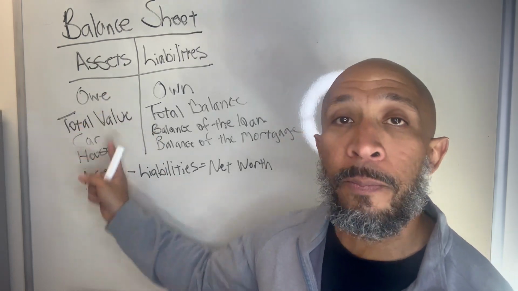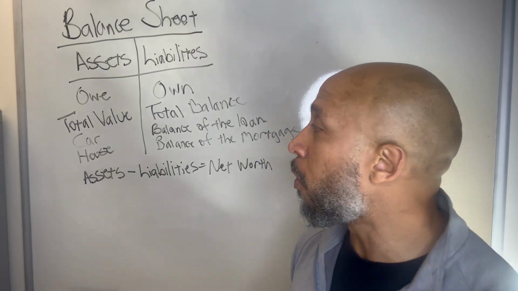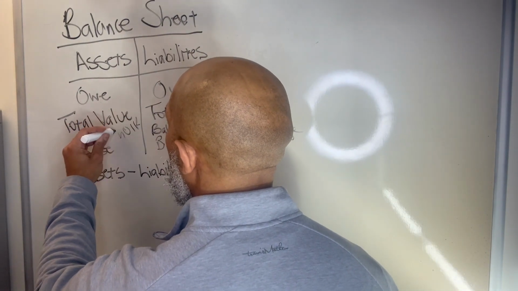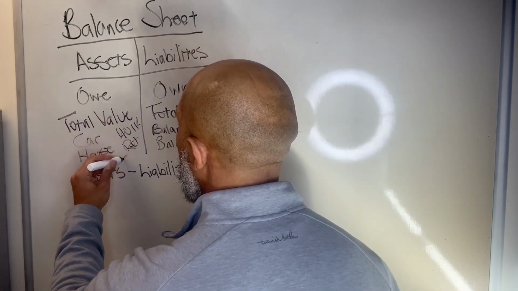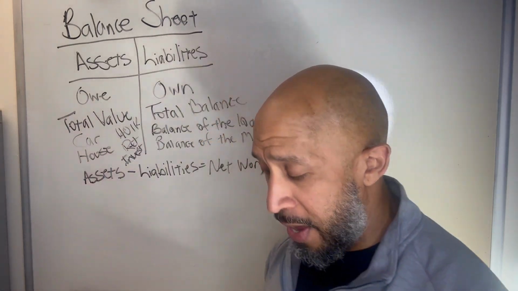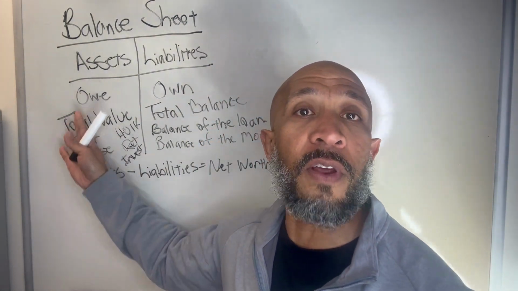Another thing that will go on a balance sheet is the total value of your 401k. For example, my marker's going dead. What is the total value of your 401k or retirement, or if you have an investment account, right? The total value of that will also go on your balance sheet. So those millionaires, what is their stock portfolio?